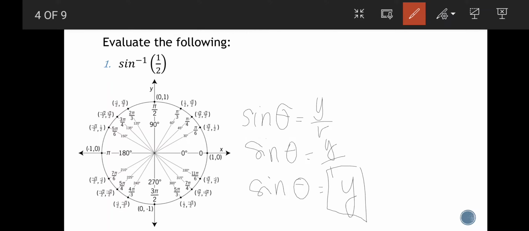So we will look at the values of y in our unit circle, and we will have to find which of these angles will give us the y coordinate, which is 1/2.